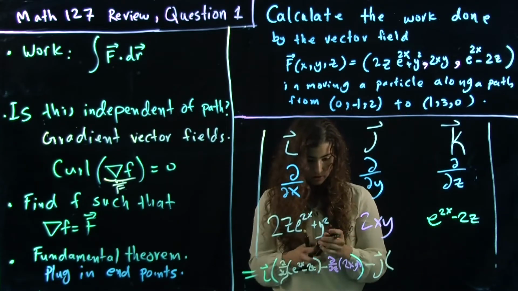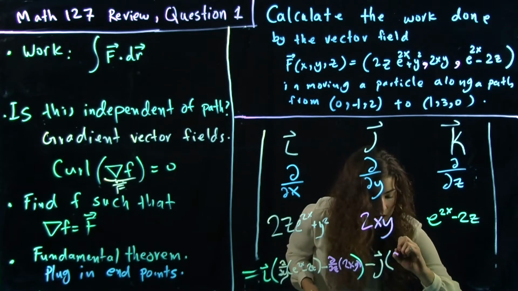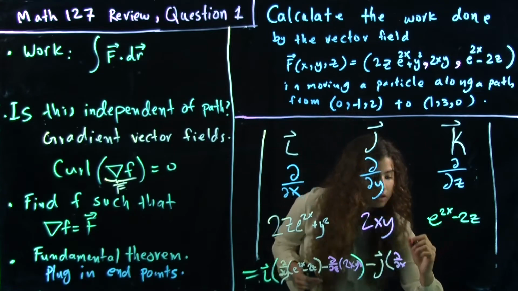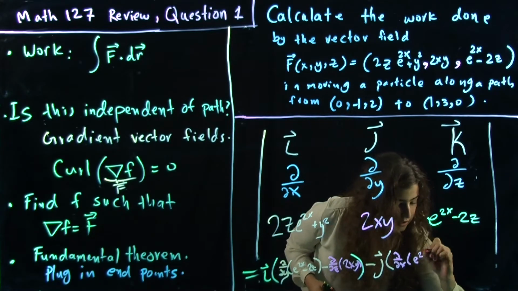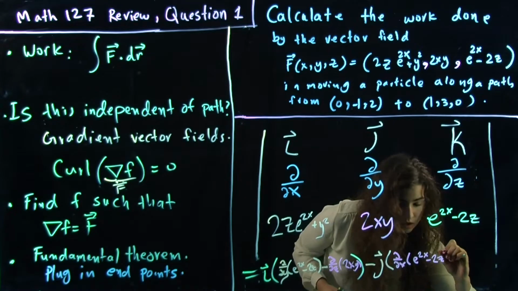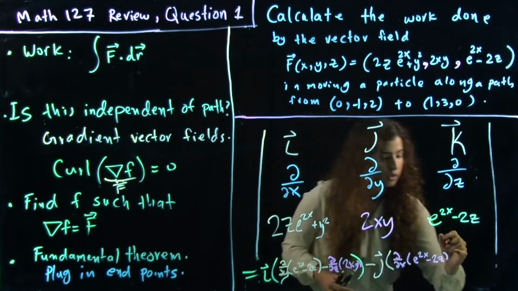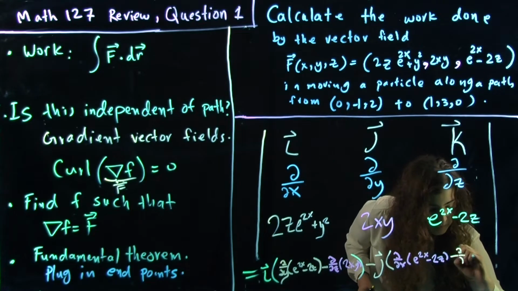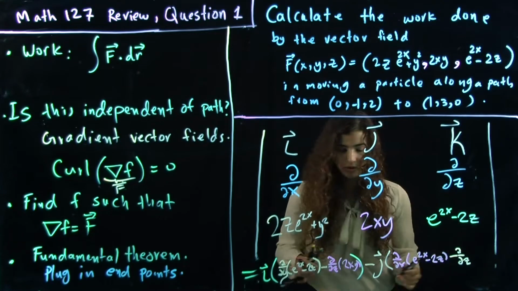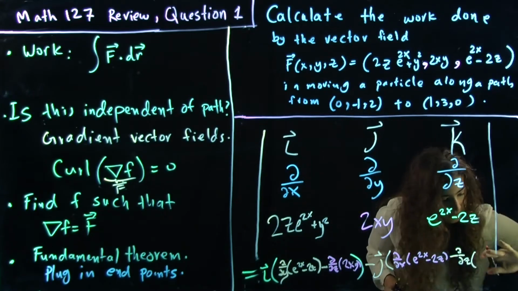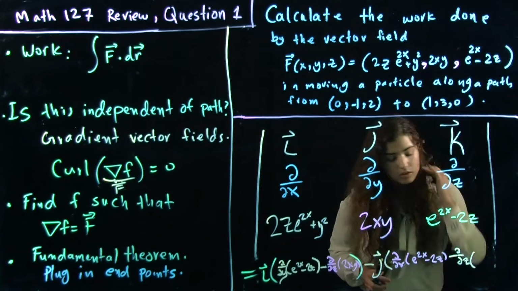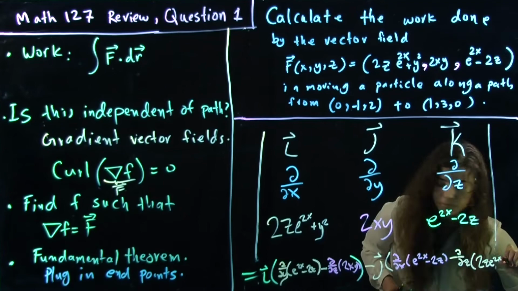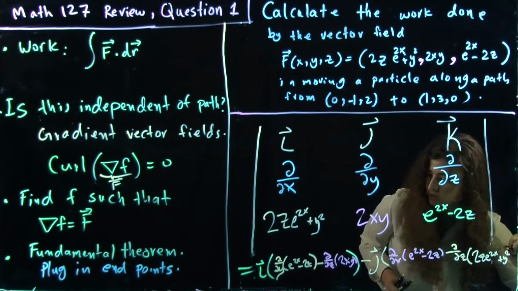So we have our partial with respect to x again for our e to the 2x minus 2z, minus our partial with respect to z for our 2z e to the 2x plus y squared.